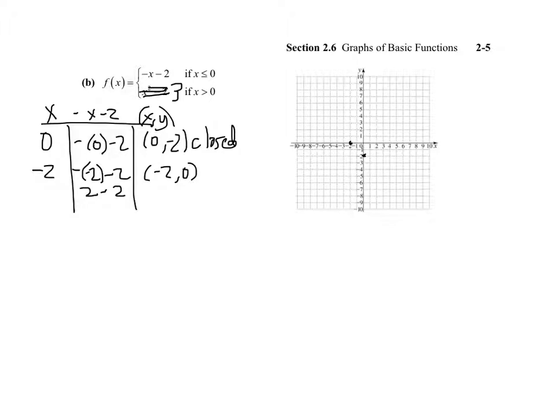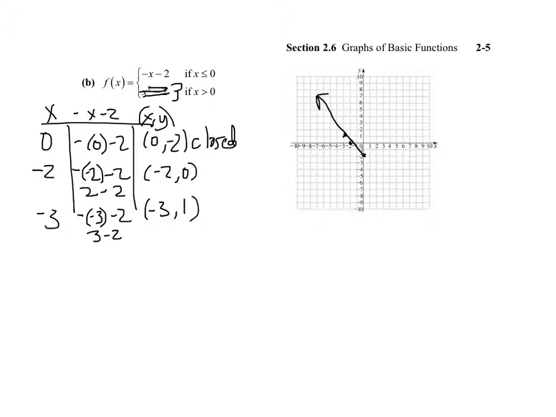So I plot that. Let's try -3. And if I were to plug in -3 for x and clean up, I have 3 minus 2, which is 1. I'm going to have -3, 1, which is this point right here. And now I can draw the line, and I have half of my graph done.